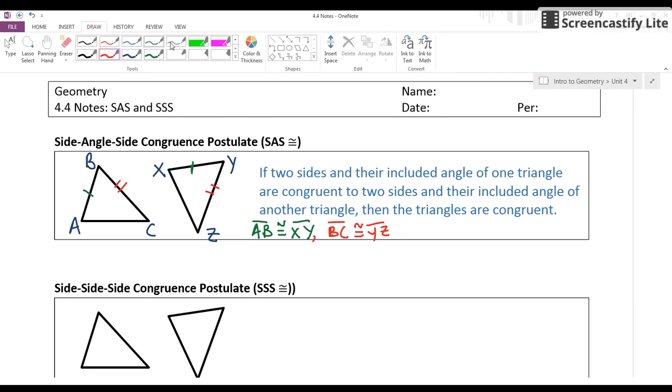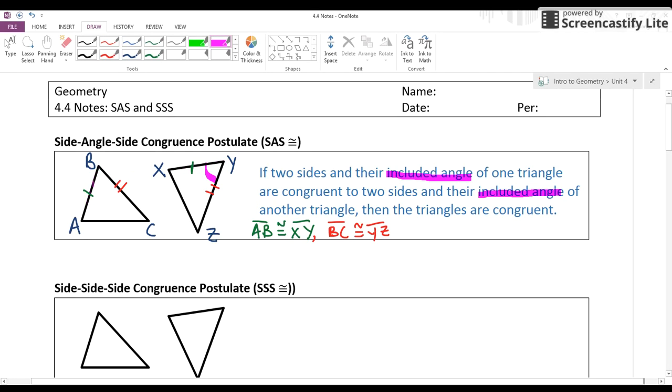So when we talk about the included angle, we're talking about the angle that's right between the 2 sides. So the angle that's basically formed by the 2 sides in your SAS postulate.